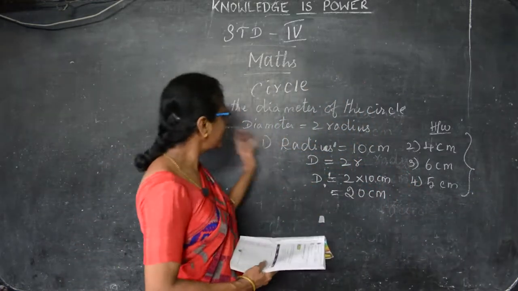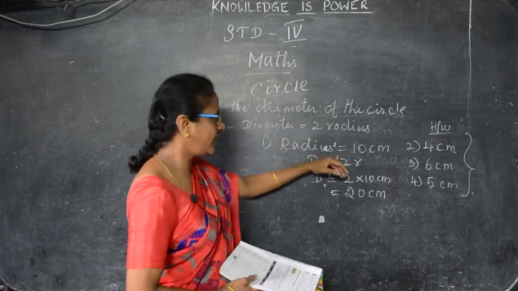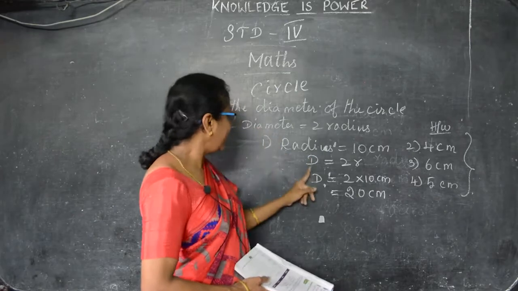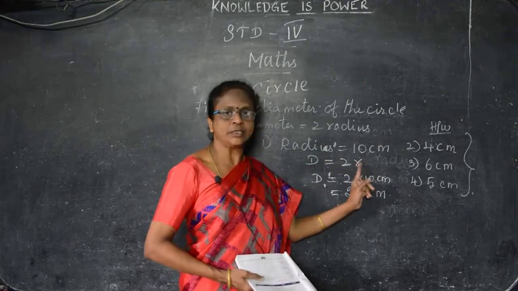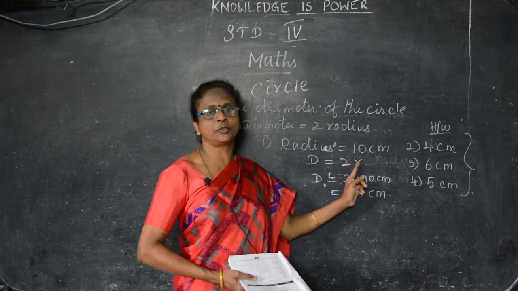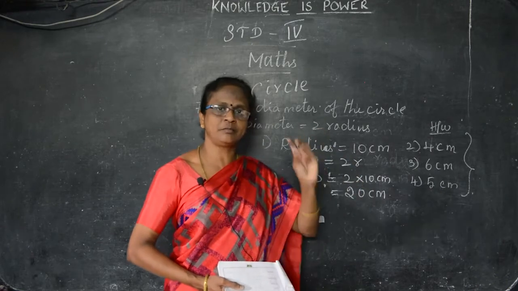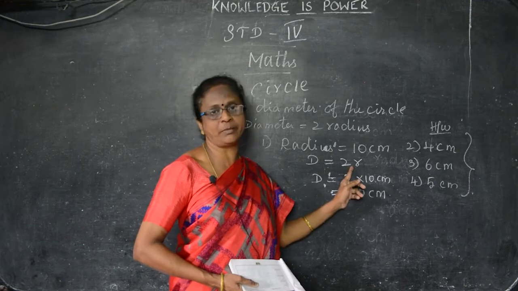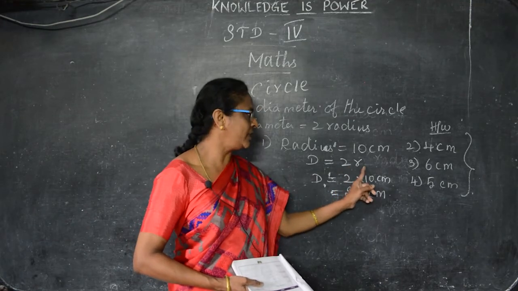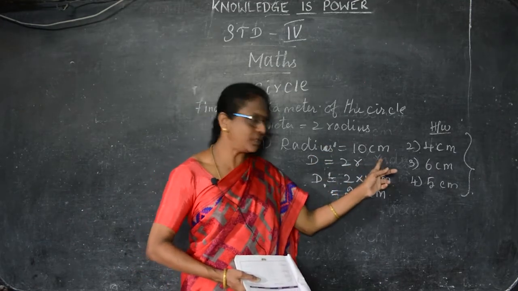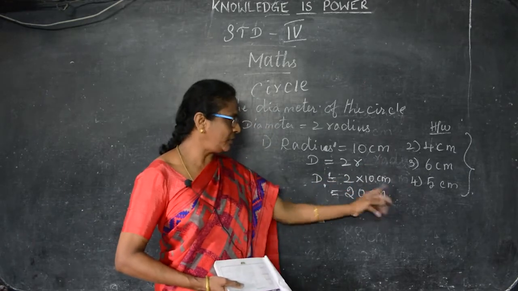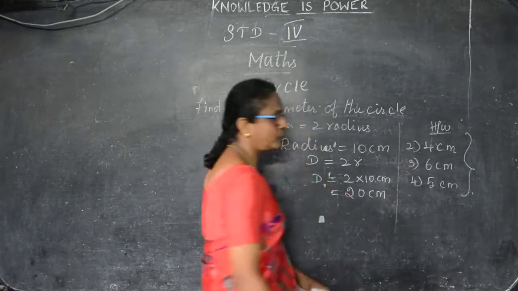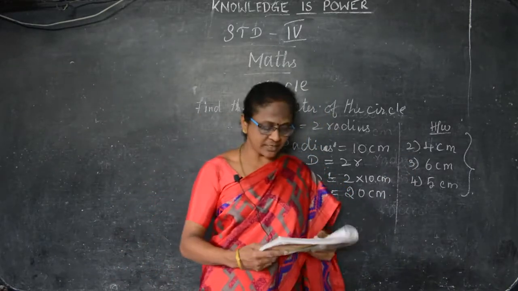Now this is to find the diameter, so the radius is already given. The formula to find the diameter is 2r. 2r means 2 into radius. If there is no symbol like plus, minus or divide beside the 2, it is understood as multiplication. So 2r means 2 into radius. Radius is 10 centimeter, so 2 into 10 centimeter is equal to 20 centimeter. This is the homework for you. Practice at home and tell the answer.